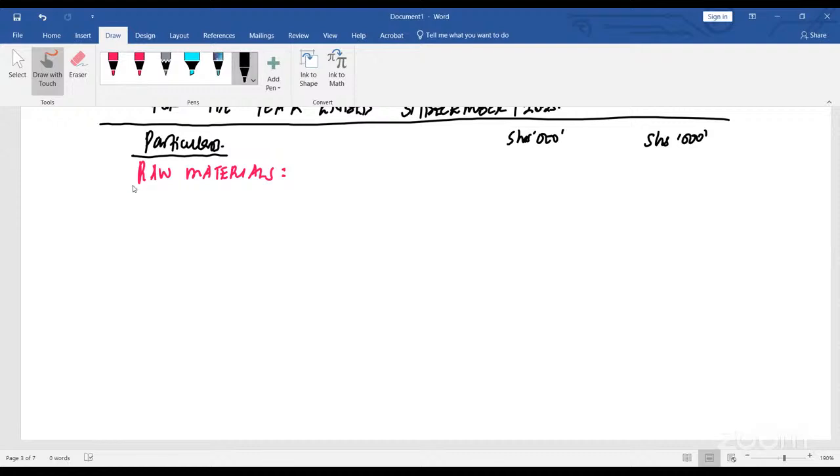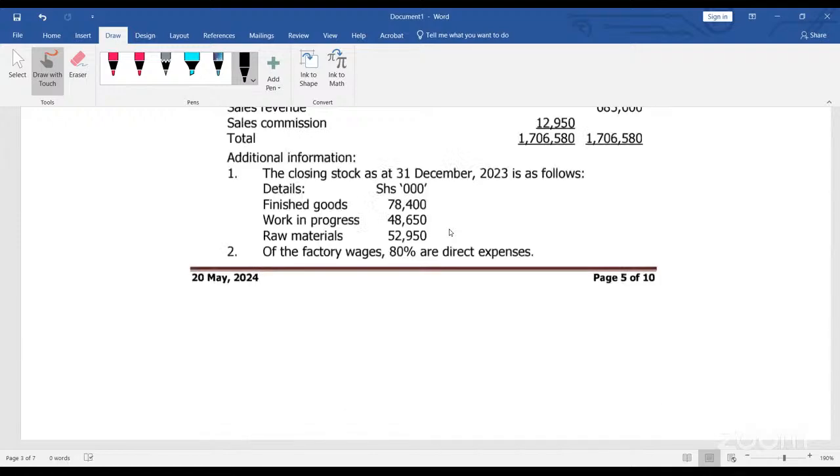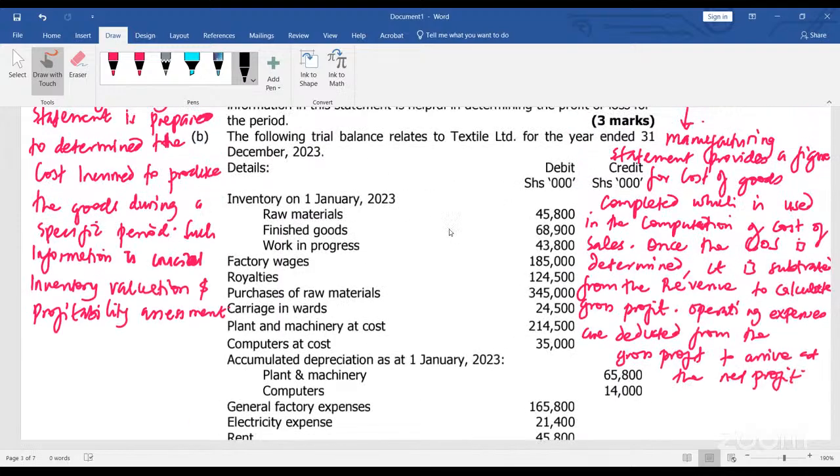When it comes to raw materials, we get the opening inventory of raw materials first. Take that from the trial balance. You see the opening inventory of raw materials. It's there.